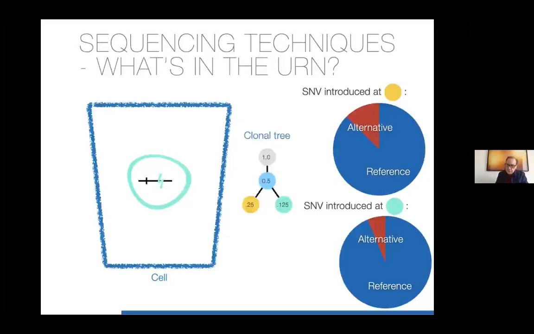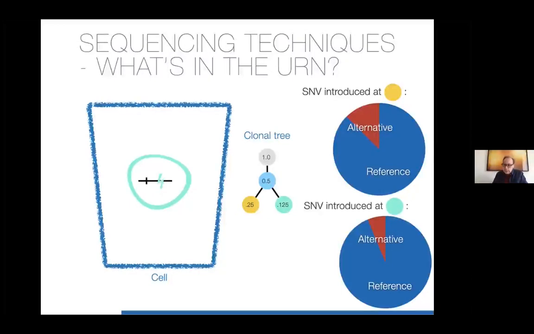Now, in contrast, if you have a cell from this population, which based on bulk data is hard to distinguish from this, in this case. If you have a cell here in the cherry, it will not carry any of the mutations introduced here, because it's not the descendant of that. Which means it will only have this mutation if the other one is introduced in this.